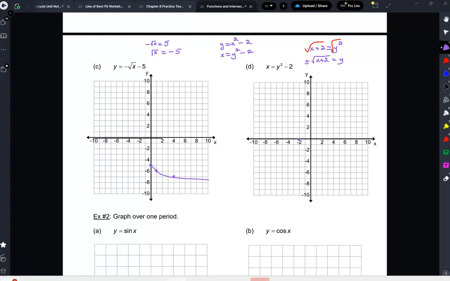And then when x is negative 1, what's y? 1. And then when x is 2, this is 2. So this looks like this. This is y equals the square root of x plus 2. And then I have negative root x plus 2, and that's just the mirror image.